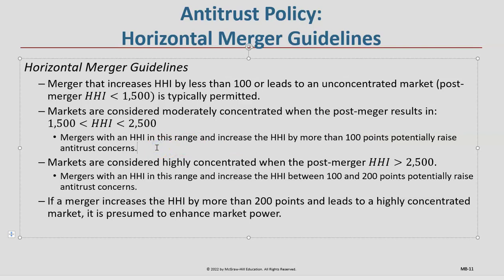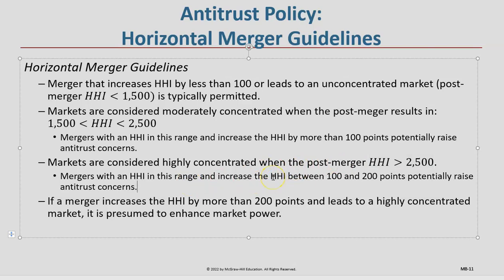Okay, that gets, I think it's the Justice Department, interested in your merger. They might be thinking they should disallow it. Okay, markets are considered highly concentrated if the post-merger HHI is greater than 2,500.